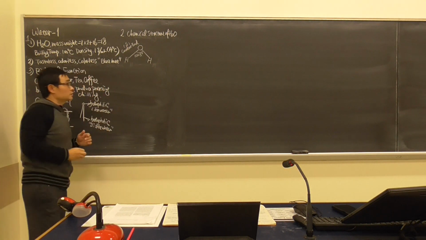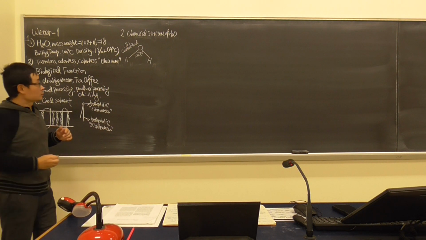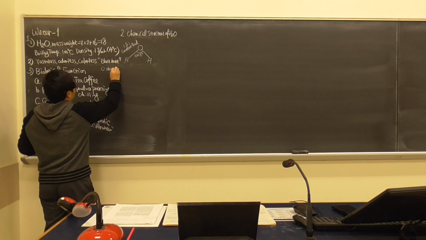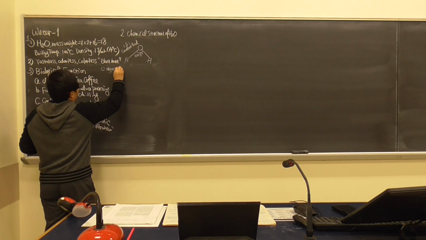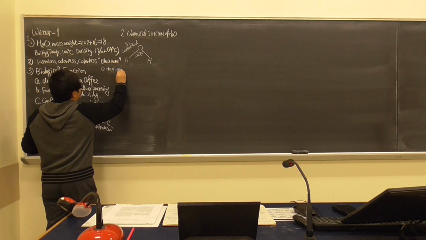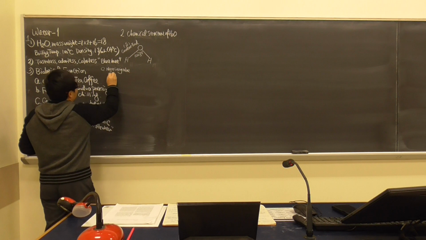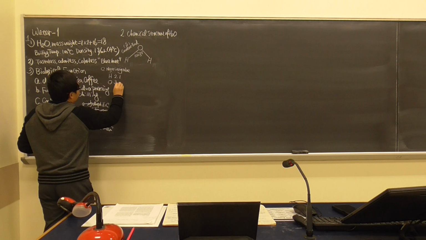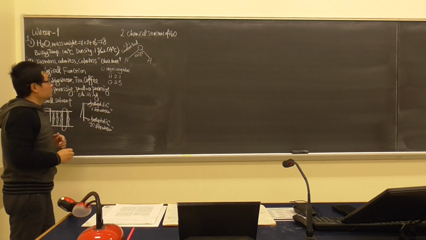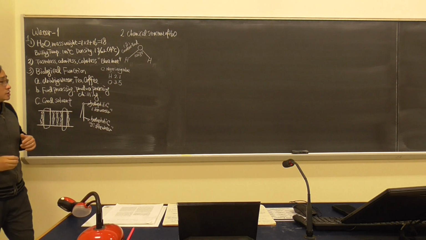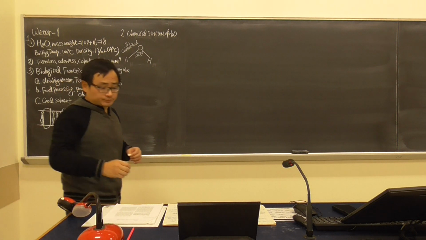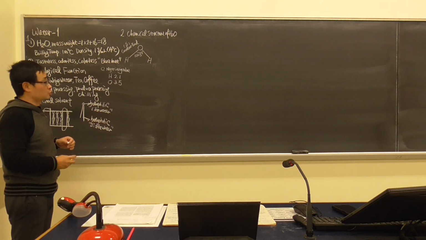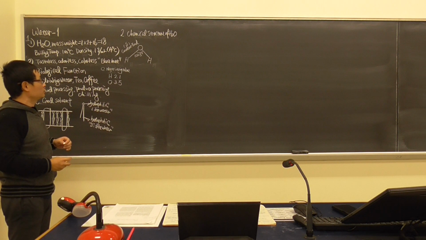And because of the electronegativity, remember we talked about electronegativity values, the H is 2.1, oxygen is 3.5, so although they are in a covalent bond, they share the electron, but the attraction of the electron will be stronger for the oxygen compared to the hydrogen.